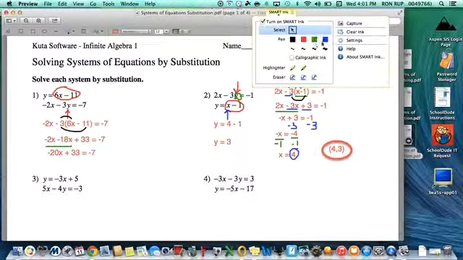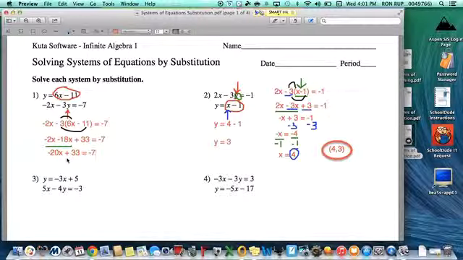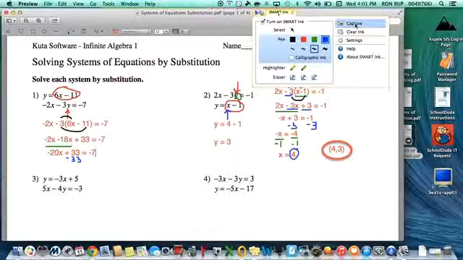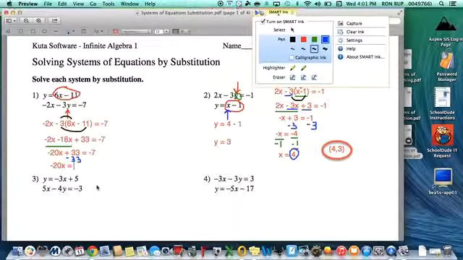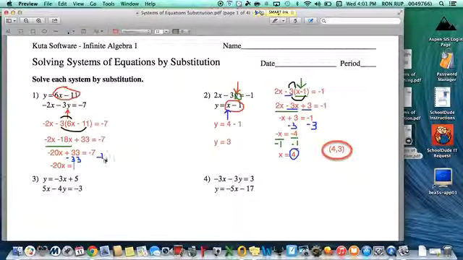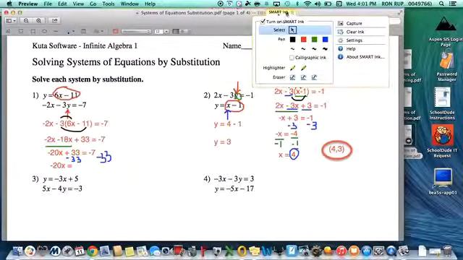Excuse me. And now we just solve for x. Minus 33. Negative 20x equals what you do to one side, you have to make sure you do to the other. Negative 7 minus 33. Again, there's that negative.